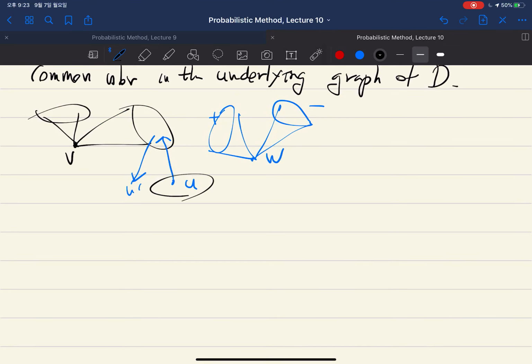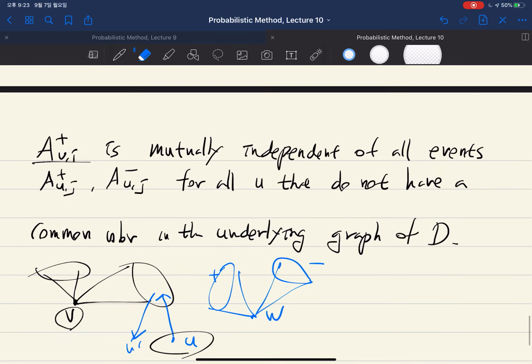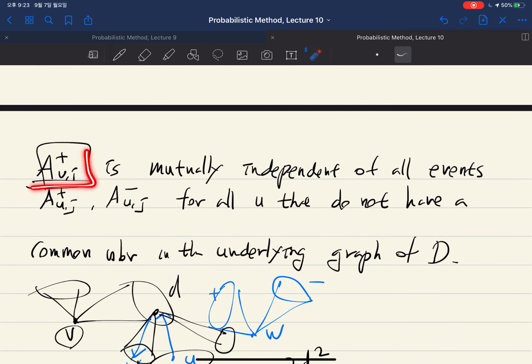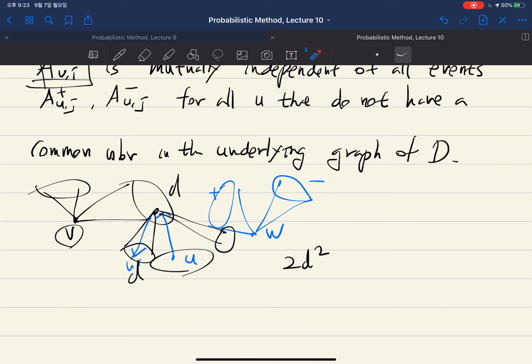And how many such vertices are there? Each v has d out neighbors, and then each of them has d other out neighbors and d other in neighbors. So it has 2d squared many other vertices which share neighbors with it. If we consider this, then the in neighborhood of this is not really relevant.